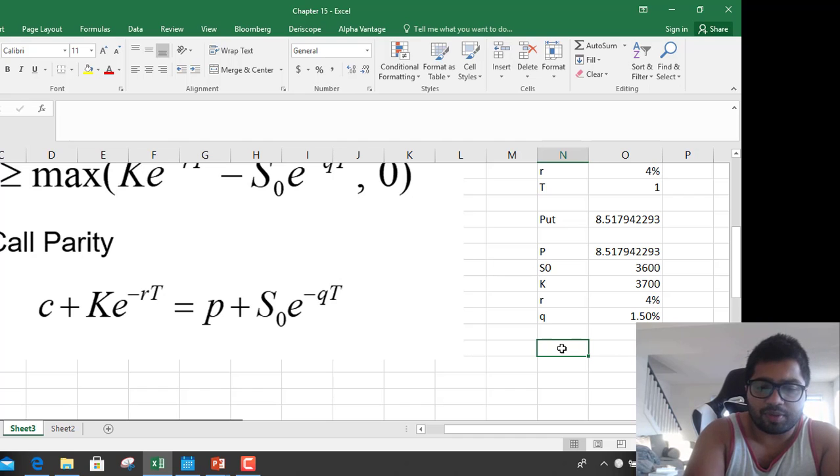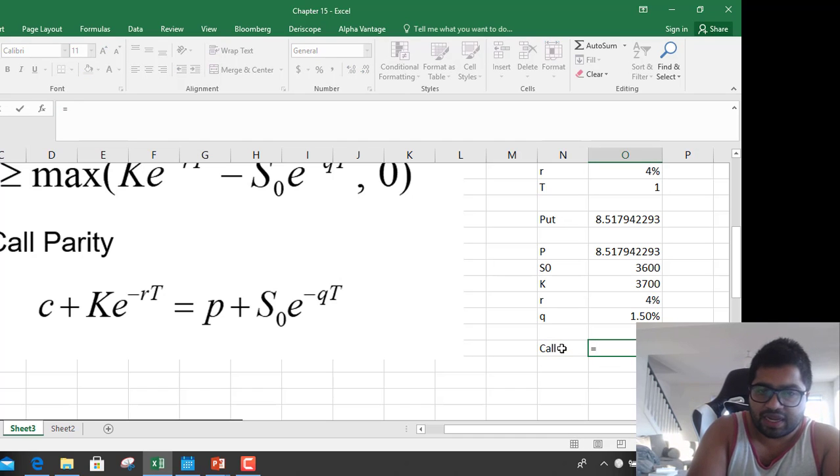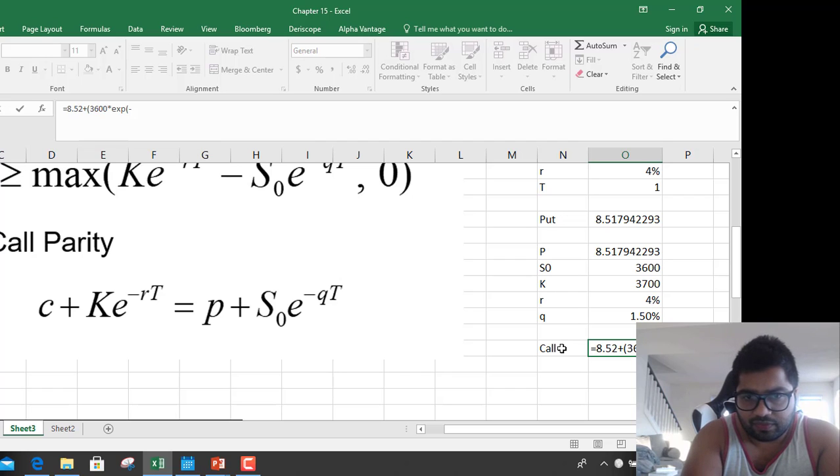So call price will be put price is $8.51, 8.52 plus stock price is spot price 3600 into exponential discounted minus QT. So Q is dividend yield, so 1.5% times T 1.